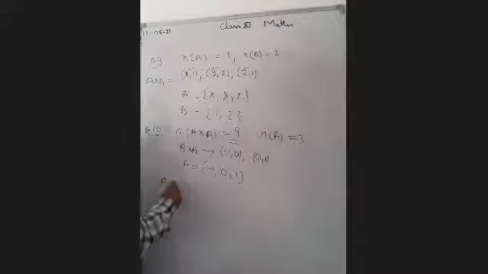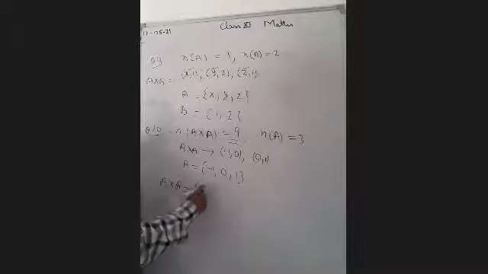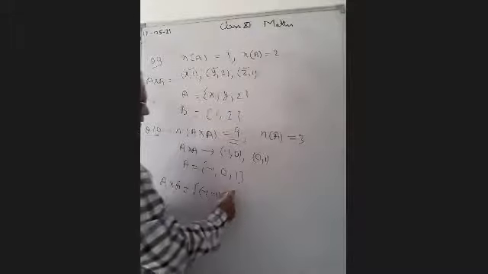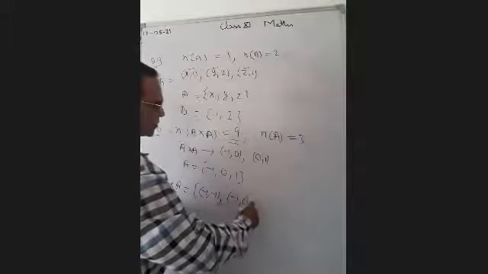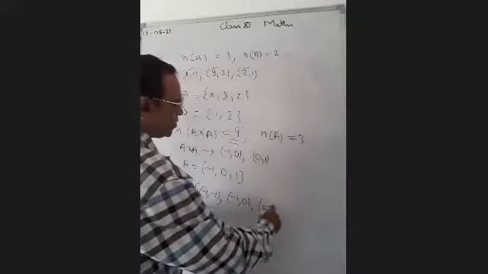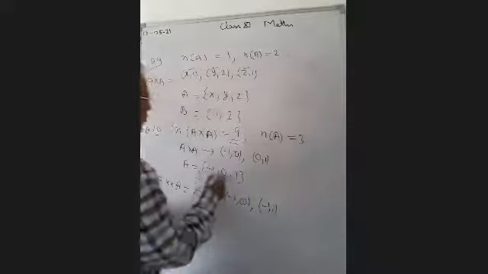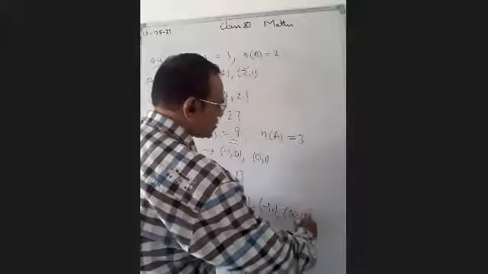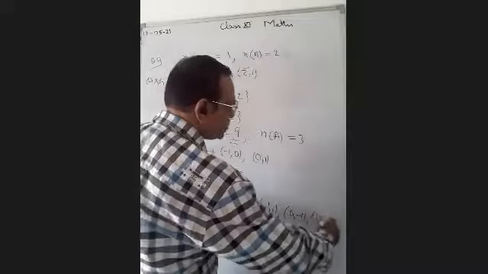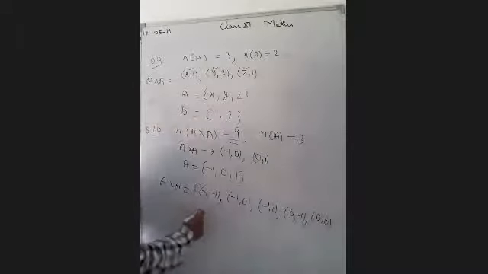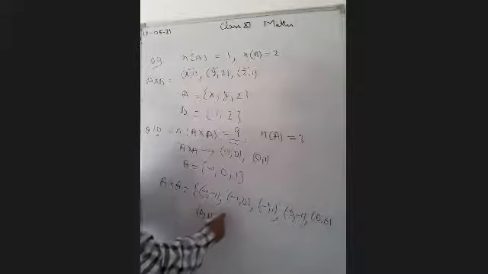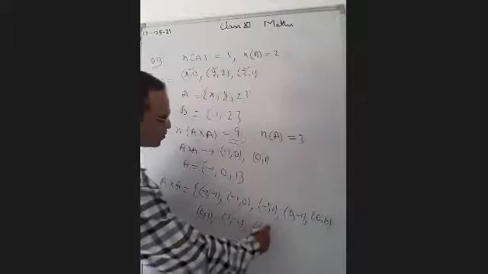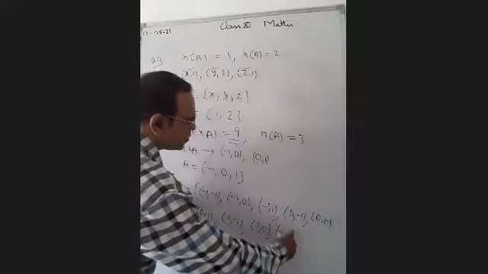In A cross A, the first element we have to take from set A, the second also from A: (-1, -1), (-1, 0), (-1, 1). Now you can take these elements with respect to 0: (0, -1), (0, 0), (0, 1). And the third one is (1, -1), (1, 0) and (1, 1).